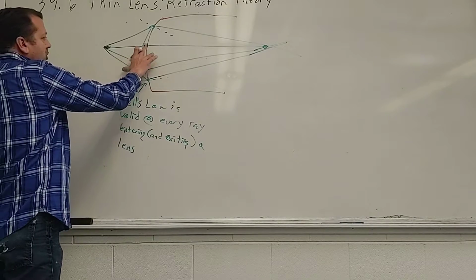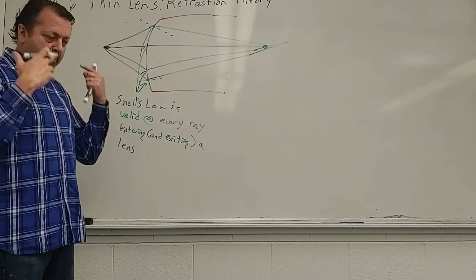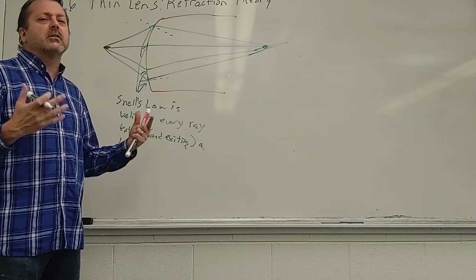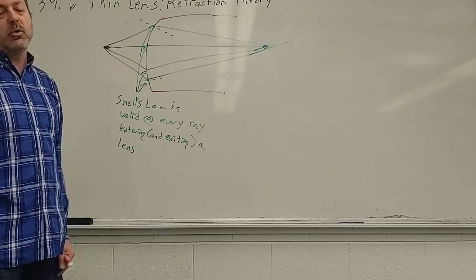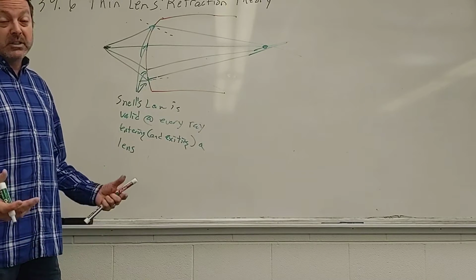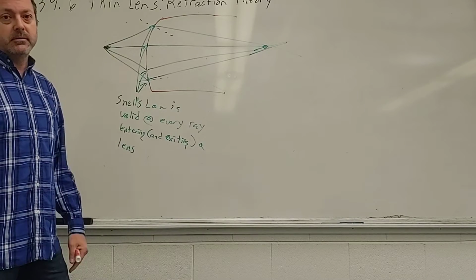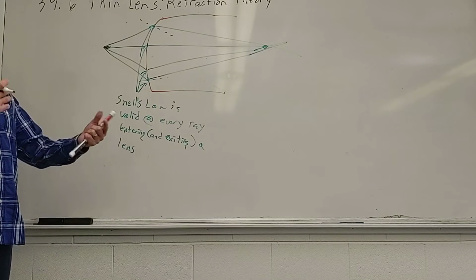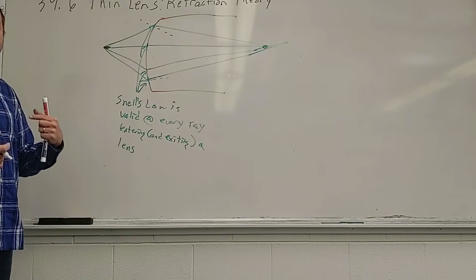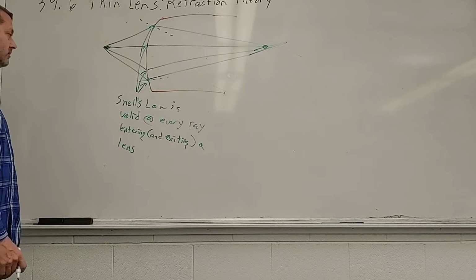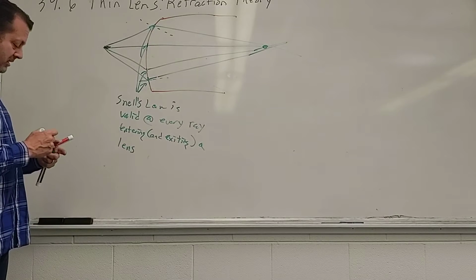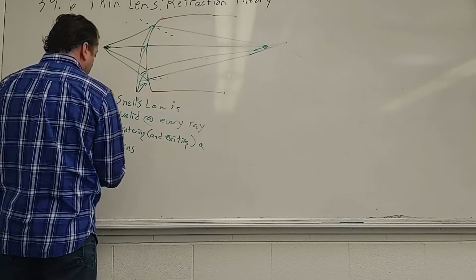So that's what they're using, and that's what you got to remember. What's causing all this? When light goes from one medium to another, effectively slowing down, it bends. Or when light speeds up from one medium to another, slower to a faster medium, it bends the opposite way. All right? That's the basic idea here.